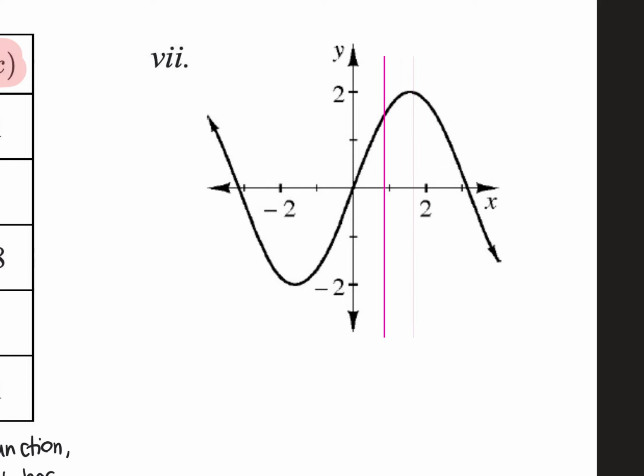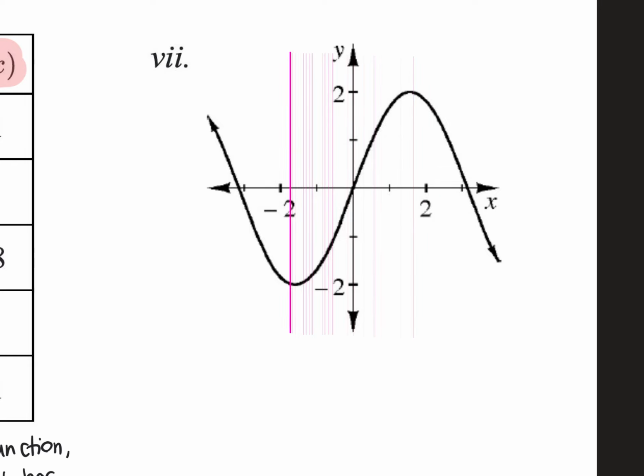As it moves through my coordinate plane, right now I'm representing the input of -2, and I see exactly one output. If I move it again someplace else, maybe here, now we're seeing an input of -1, there's exactly one output.